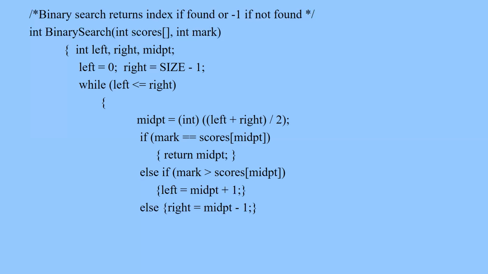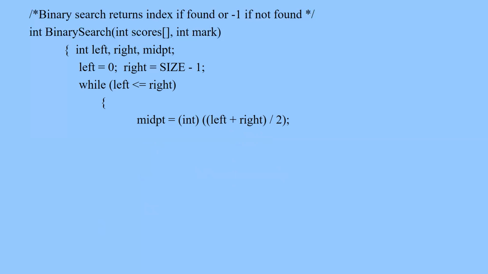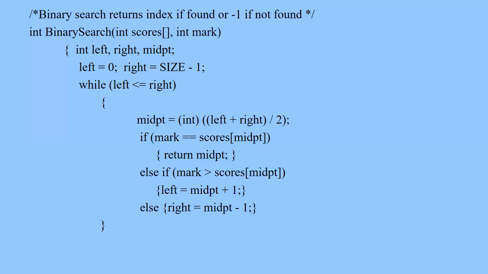Otherwise, pick what is in memory location record midpoint, subtract 1 from it, and store the result in the memory location record right. So continue with the while loop until this condition is not met. Then you terminate the loop.